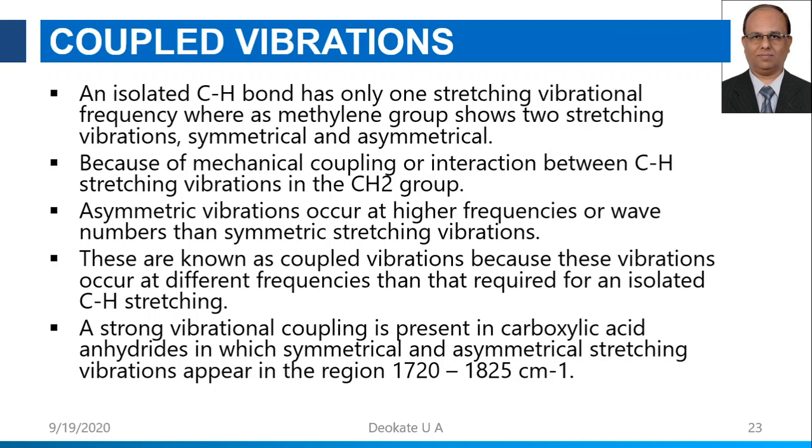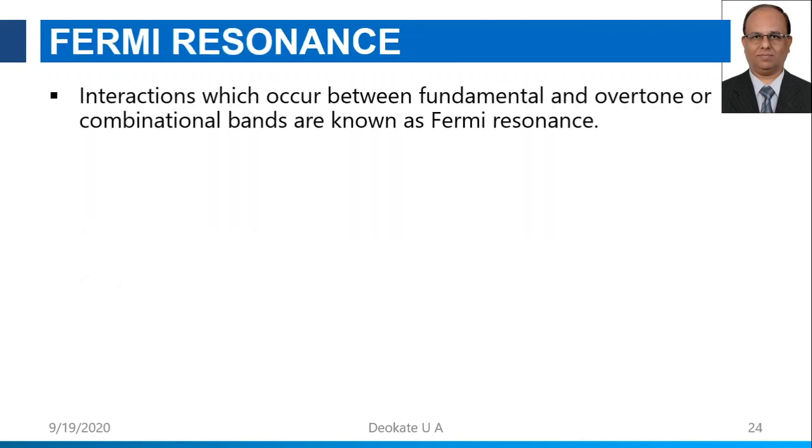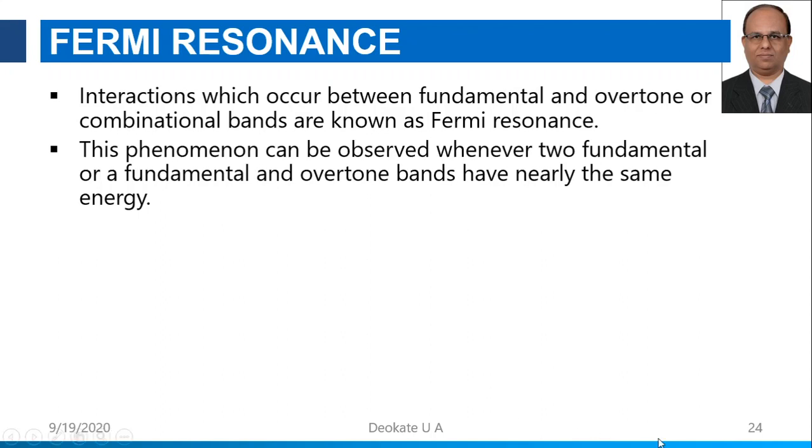Then the next factor responsible is Fermi resonance. Fermi resonance is the interaction which occurs between fundamental and overtone or combinational bands. Before you go towards Fermi resonance, you should know what fundamental and overtone vibrations are.